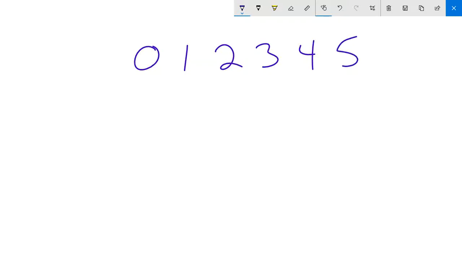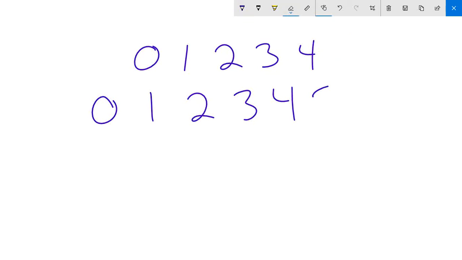We can count 0, 1, 2, 3, 4, not 5. I just about did 5, but I don't have a 5. As a matter of fact, up here I said I had a 5, and I didn't, so I'm going to erase that. I stopped at 4. I get 5 digits, but I start at 0, so I don't have a 5.